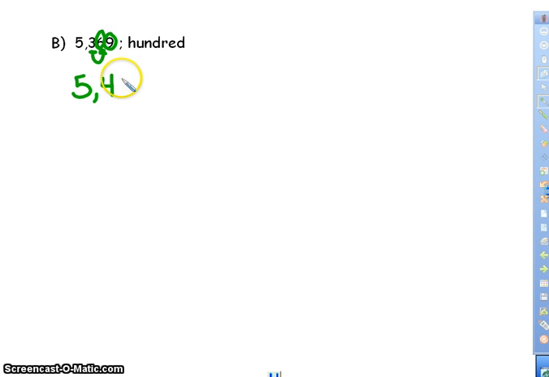Okay, so what do you think I do with these underlined digits when I'm rounding to the hundredth spot? I'm going to change them to zeros. Okay, and I only worry about changing them to zeros when it's in front of the decimal.